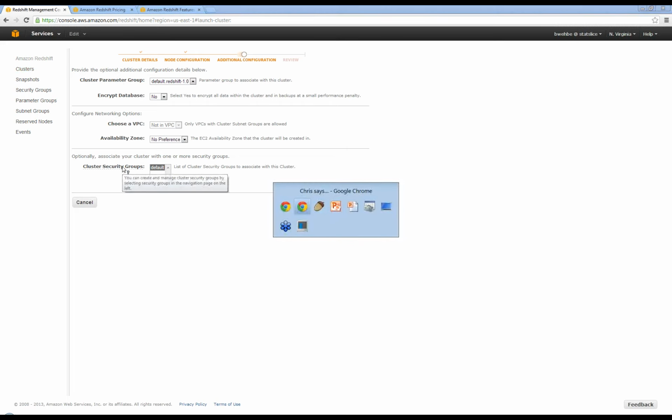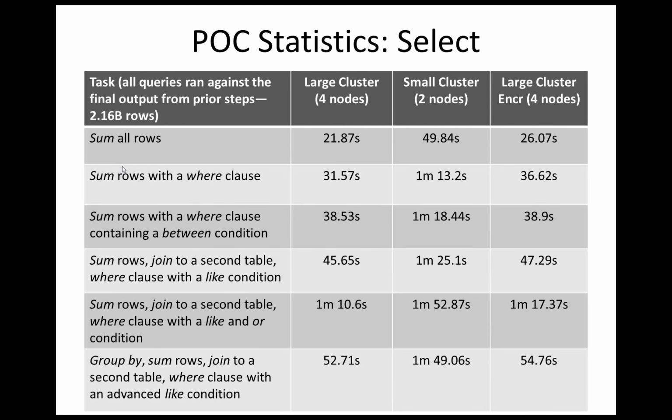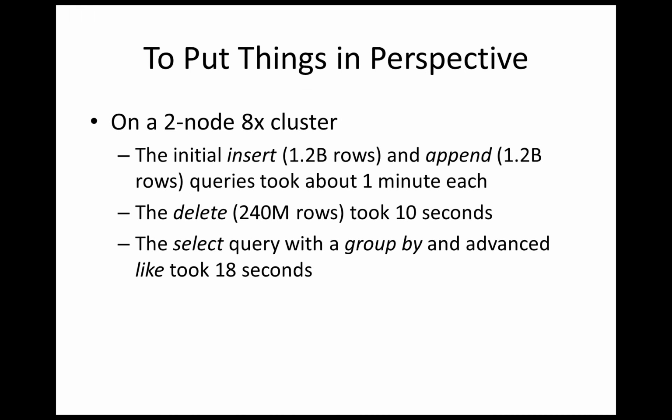So let's switch back to the presentation, and let's put things in perspective. So we've seen the performance on the 2 and 4 node clusters. What I did just to put things into perspective was to build a 2-node 8XL cluster. So this is almost the lowest size in an 8XL cluster, and the performance just increased massively.